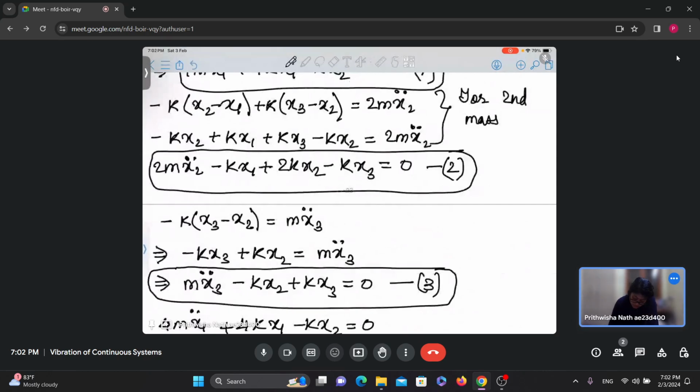Now for the third mass, this equation is for the third mass. Going to the free body diagram, we see that only one force is acting towards the left on the third mass.